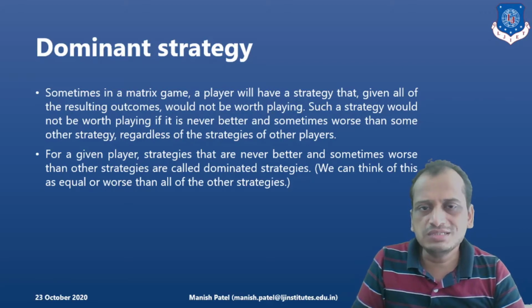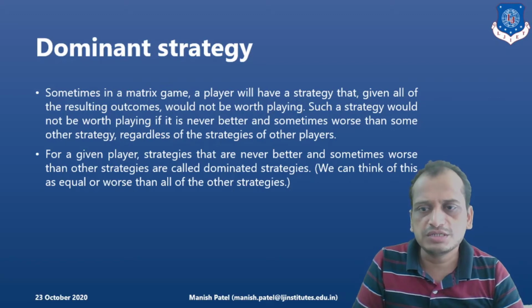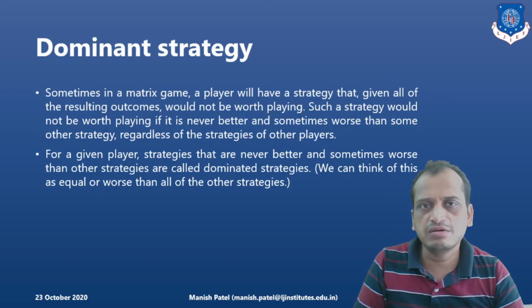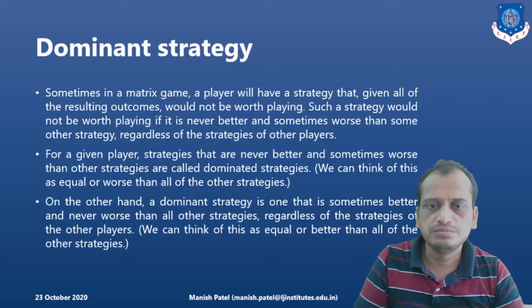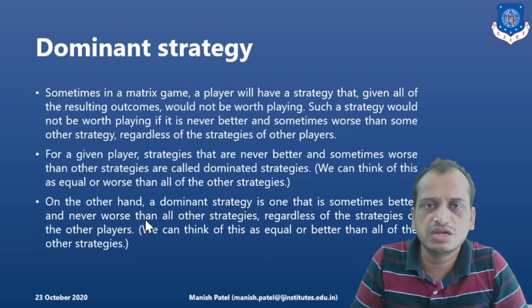So the worst strategies, compared to some other strategies, are the dominated strategy, but the one on the other side is the dominant strategy, or you can say it is better compared to the other strategies. That is the one which has sometimes better and never worse than all other strategies. Those are the dominant strategies.